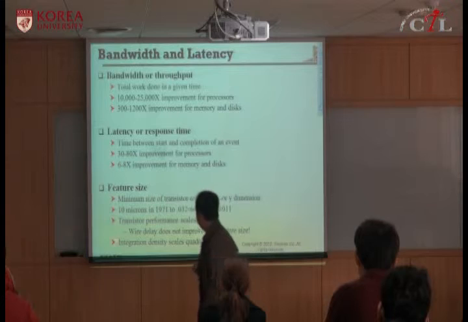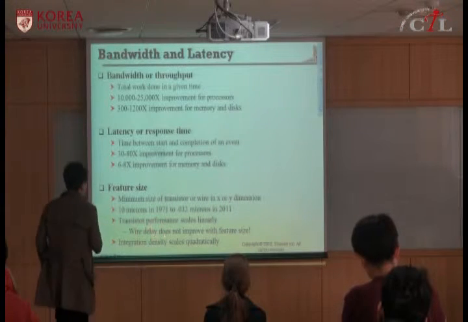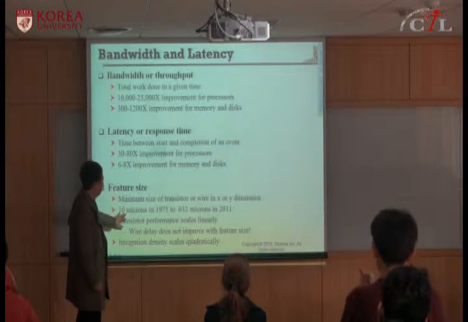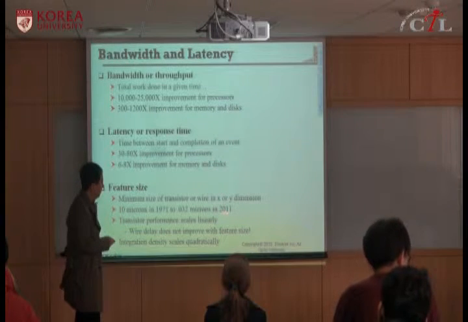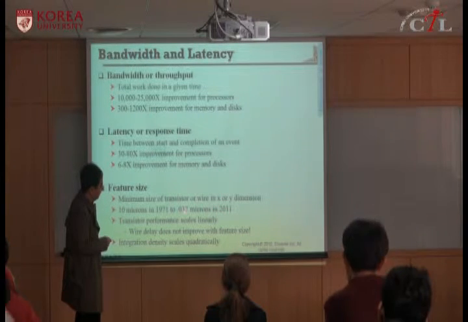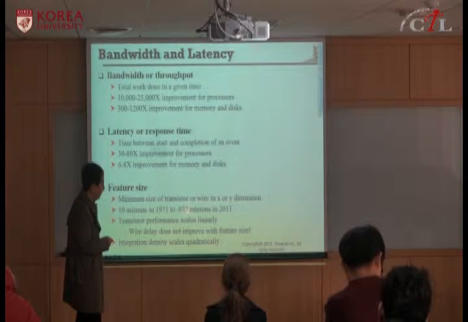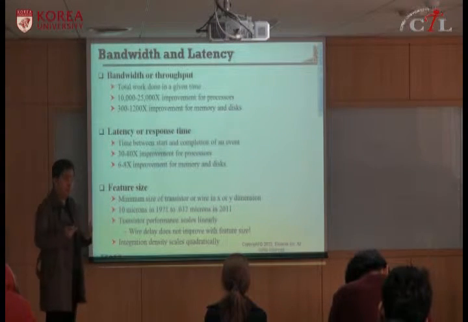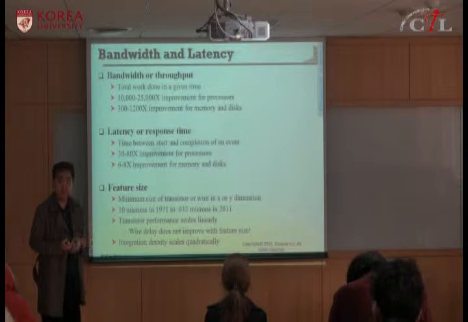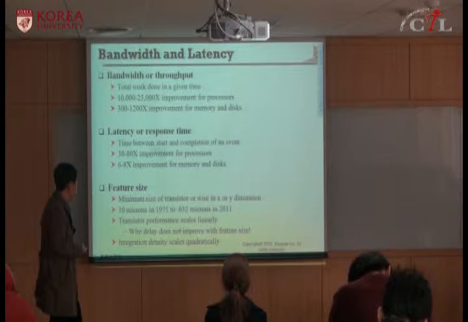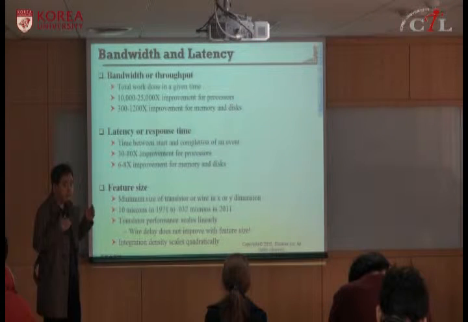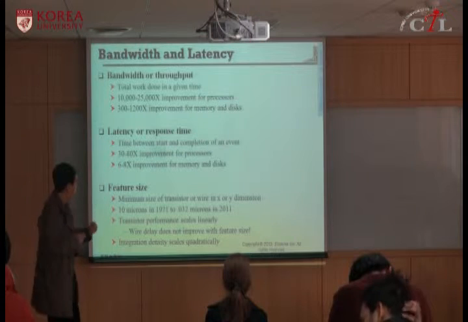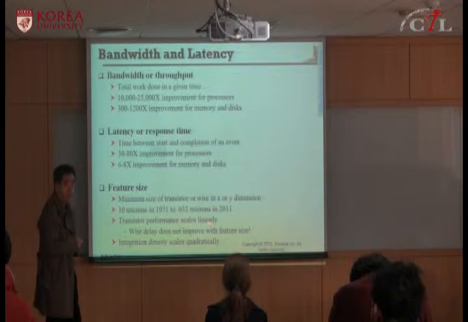The feature size in 1971 was 10 micron. Nowadays, for the year 2011, it is 32 nanometer. This is actually 0.032 micron, which corresponds to the 32 nanometer process. And nowadays it's about 22 nanometer process, the most recent one. Okay? If you reduce this minimum feature size, which means wire length or width, transistor performance usually scales linearly.